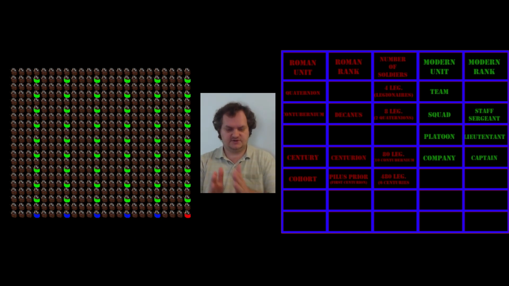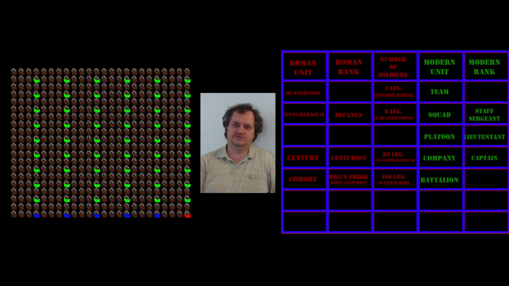So the centuries are numbered 1 through 6, and the commander of the first century is also the commander of the entire cohort, titled pilus prior, pilus being Latin for spear. So first spear is what that means. In modern terms, this is approximately equivalent to the battalion, which is commanded by a lieutenant colonel. Now, after the cohort, we get to the famous legion.